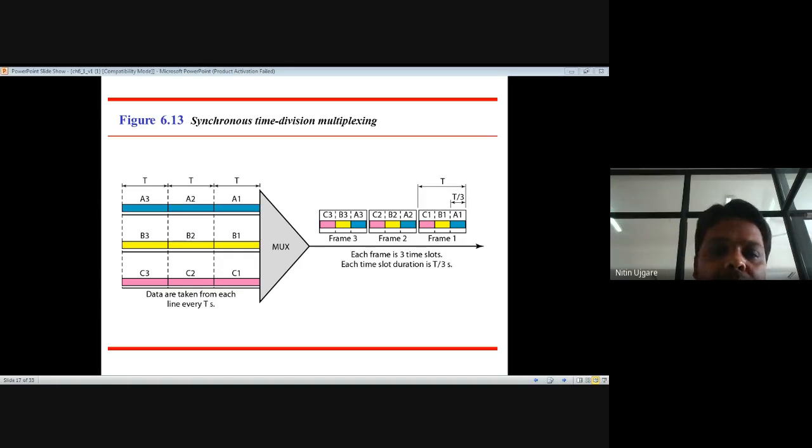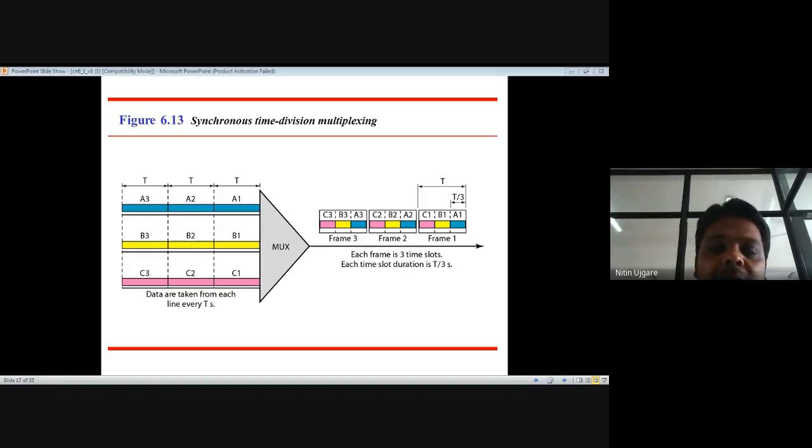However, the duration of an output time slot is n times shorter than the duration of an input time slot. So if an input time slot is t seconds, then the output time slot is t divided by n seconds, where n is the number of connections. In other words, a unit in the output connection has a shorter duration, so it travels faster.